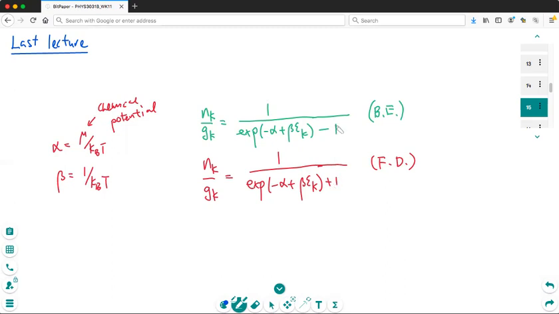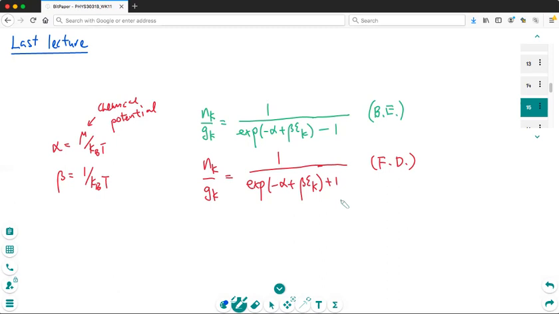So the key difference is this -1 and +1. And this tiny difference actually makes a huge difference. Please remember which one to use. As a student of this course, you really have to remember this. If you use the wrong statistics, imagine in the exam, if you are asked to calculate something and you use the wrong statistics from the beginning, the whole calculation will be meaningless.